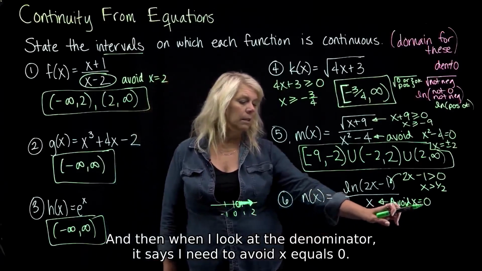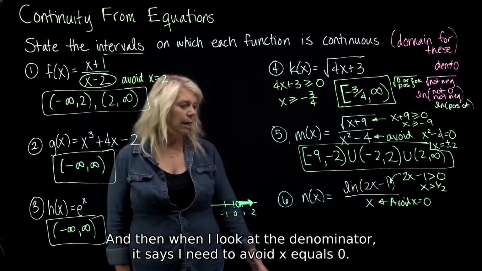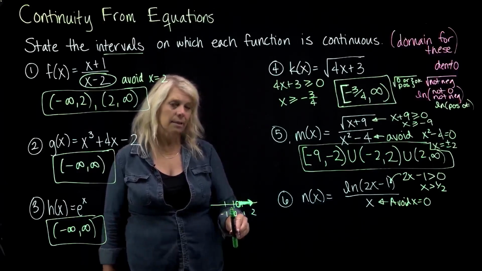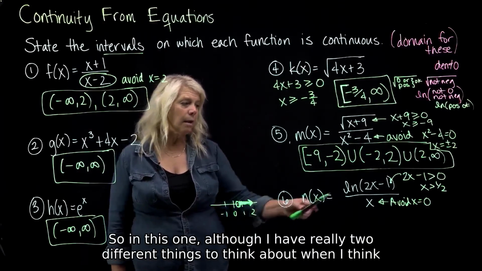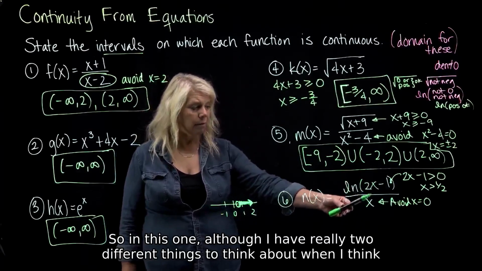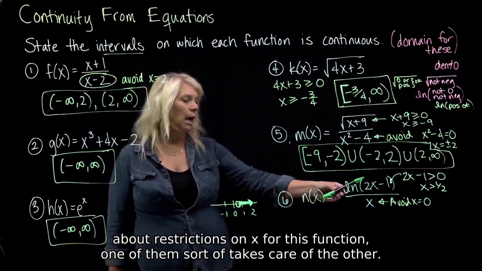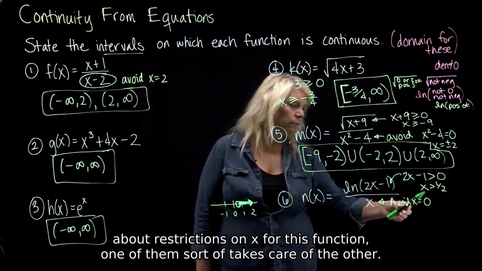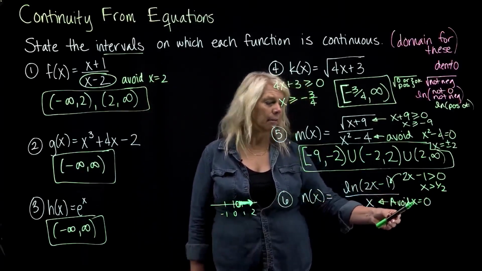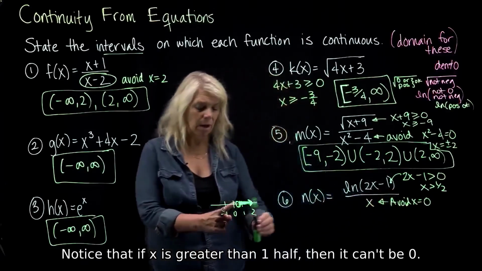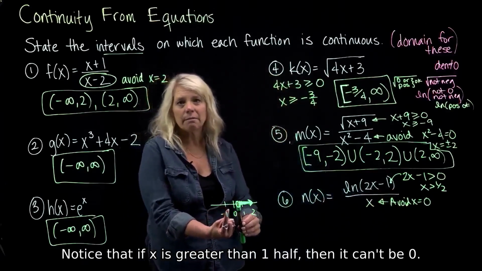And then when I look at the denominator, it says I need to avoid x equals 0. Okay, so in this one, although I have really two different things to think about when I think about restrictions on x for this function, one of them sort of takes care of the other. Notice that if x is greater than 1/2, then it can't be 0.